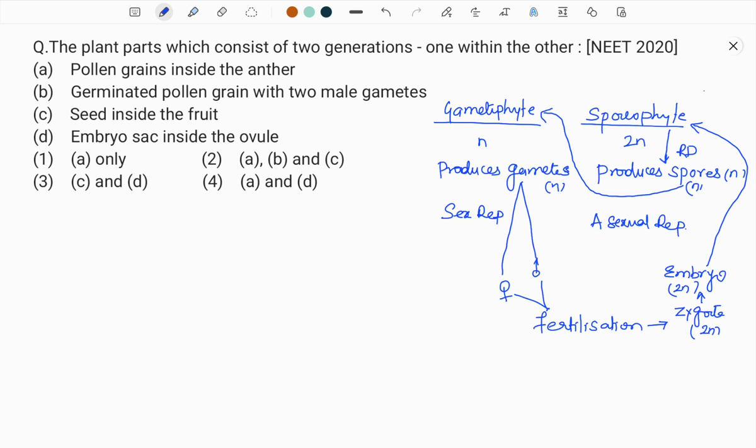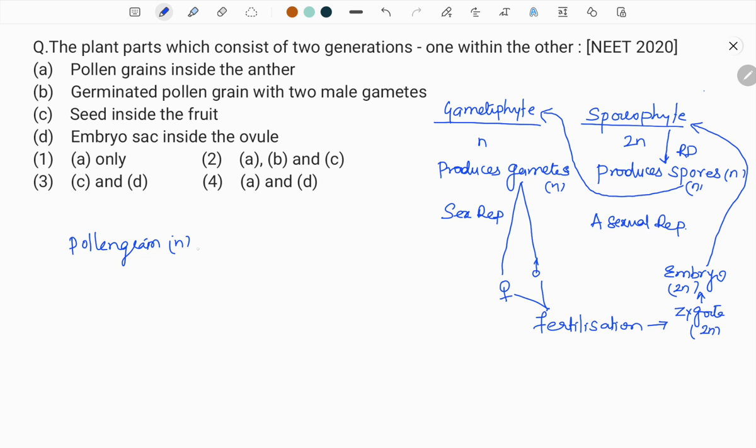Now let us see the answers, options one after the other. Pollen grain inside the anther. Remember, pollen grain is haploid, because pollen grains are microspores that are formed by meiotic division.